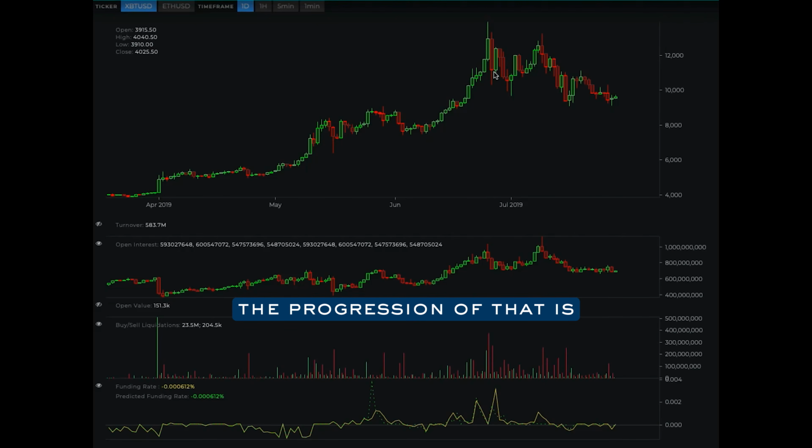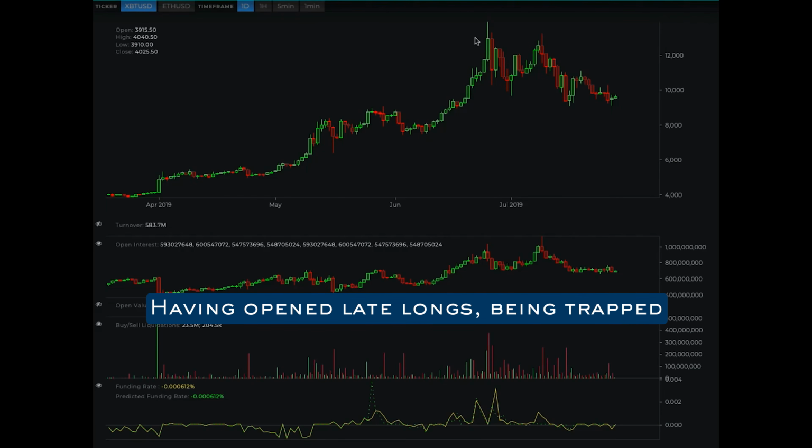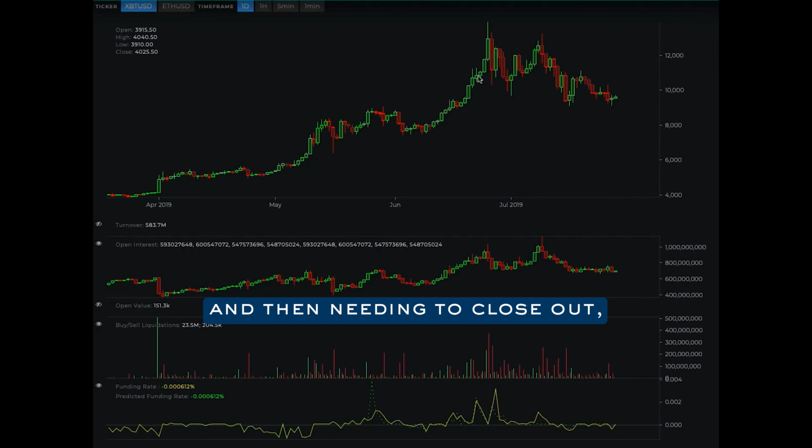Rather, the progression is that the market has to move against them to force them to be trapped, having opened late longs above this position, and then needing to close out, giving the downside momentum fuel. So this is an example of what I was talking about when I was talking about spotting these particular areas where there are these really extreme values.